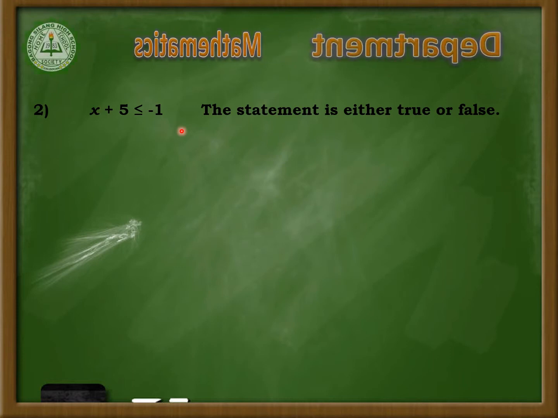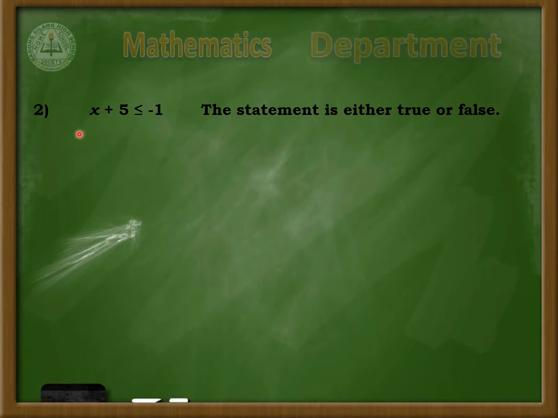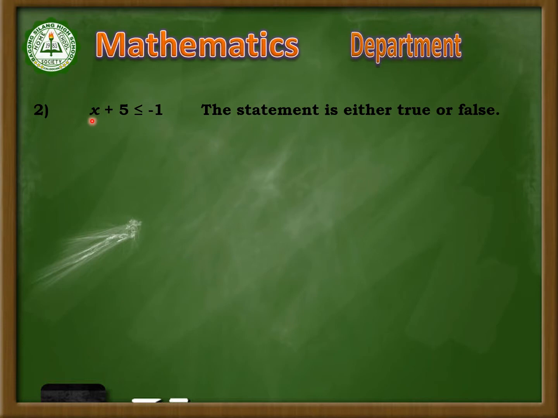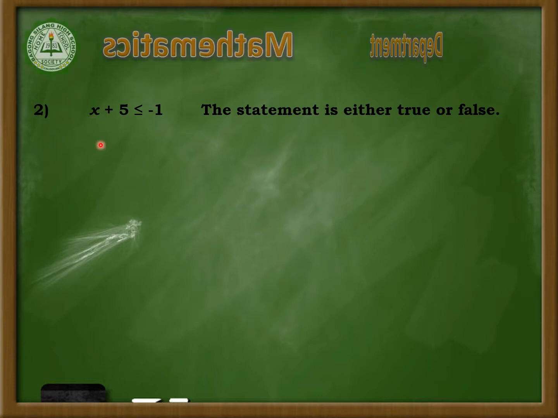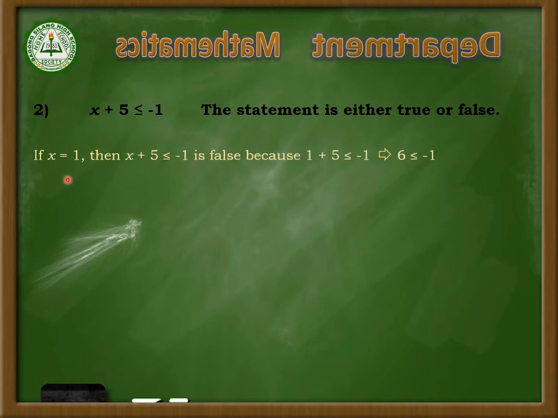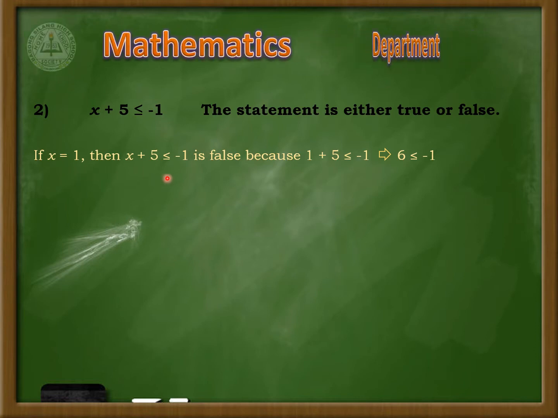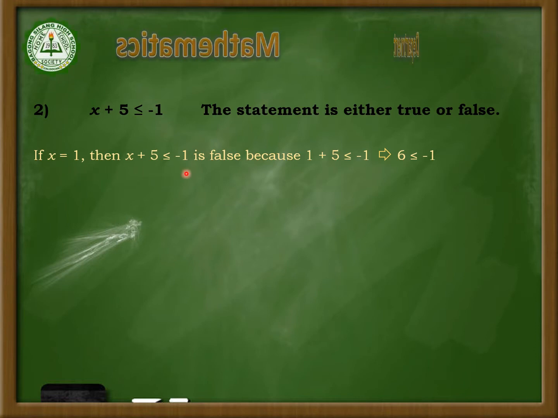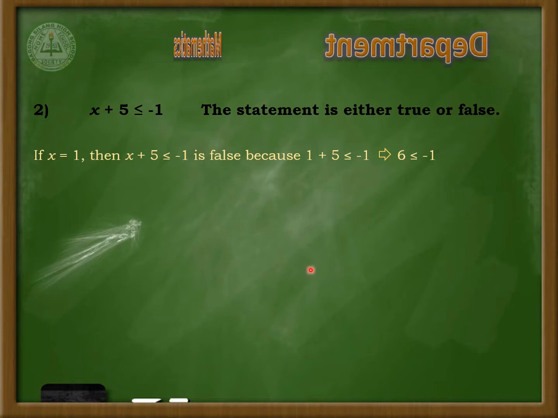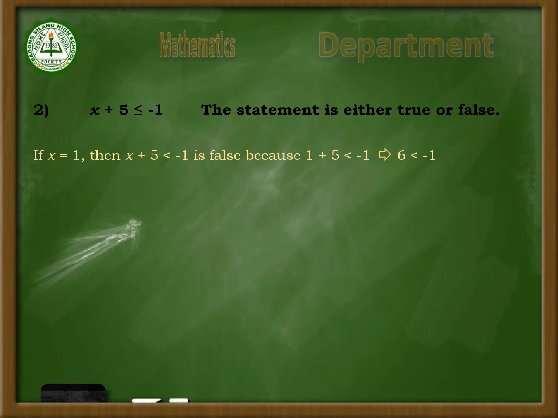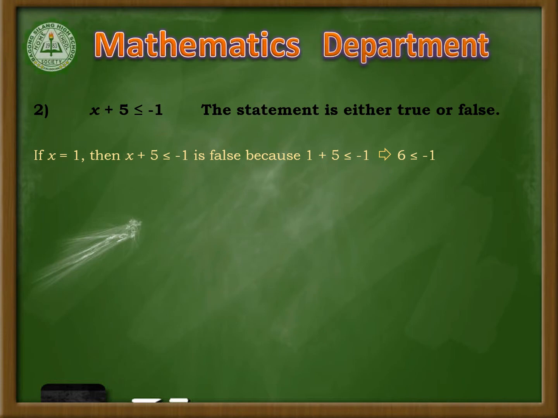Okay, so first you have to set an arbitrary value for the variable x. For instance, if x equals 1, then x plus 5 is less than or equal to negative 1 is false, because 1 plus 5 implies that 6 is less than or equal to negative 1.